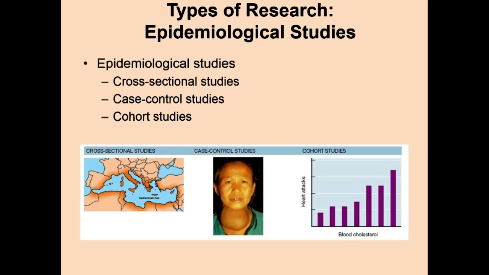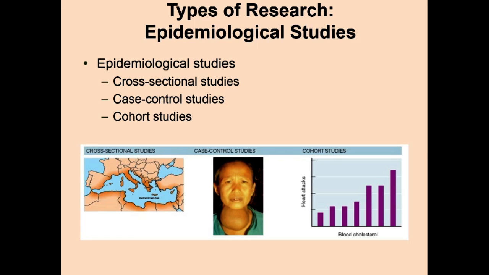Not all research is conducted in a laboratory. We do have different types of research. We have epidemiological studies. So what falls under epidemiological studies? These include cross-sectional studies, case control studies, and cohort studies. These are going to have strengths and weaknesses.